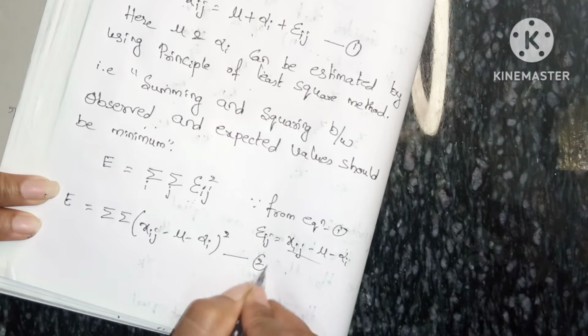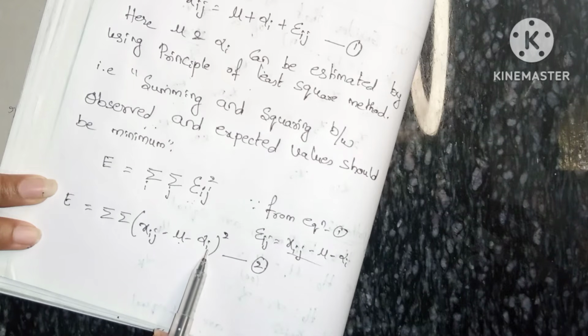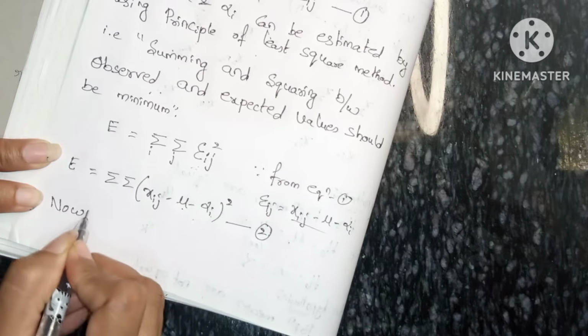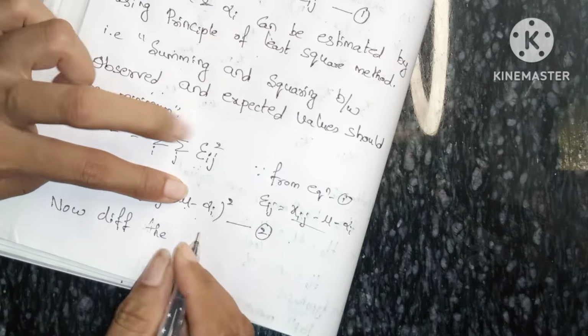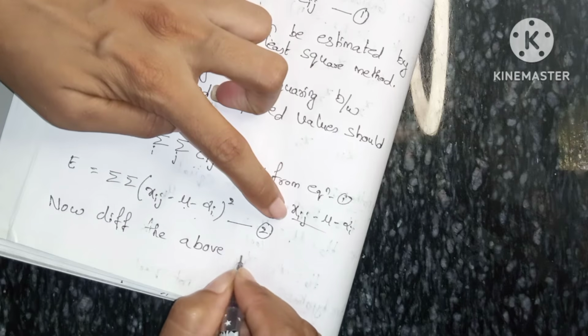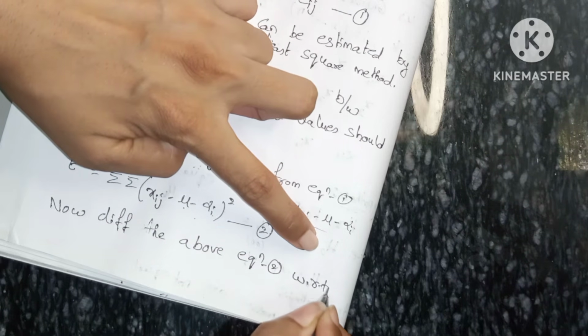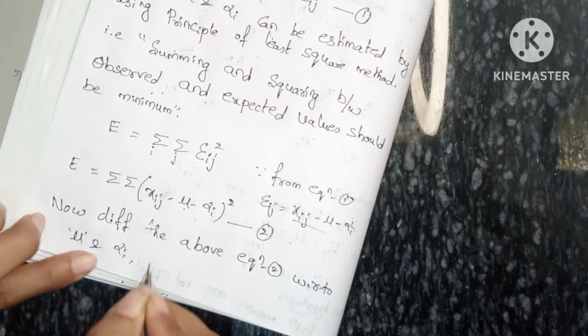This is equation 2. So now in order to estimate mu and alpha i, we have to differentiate equation 2 with respect to mu and alpha i. Now differentiate the above equation 2 with respect to mu and alpha i.